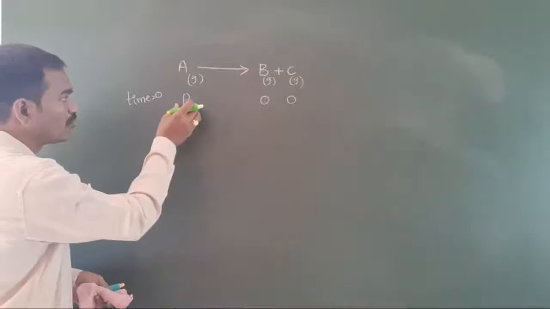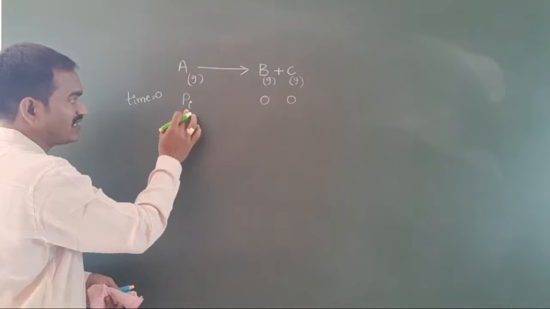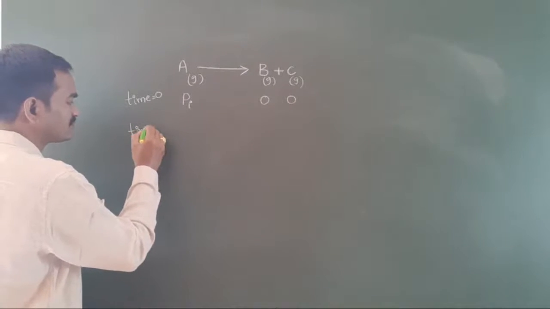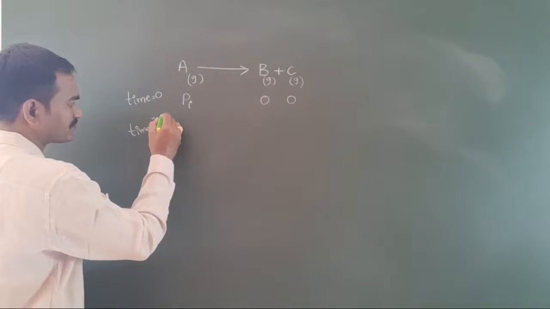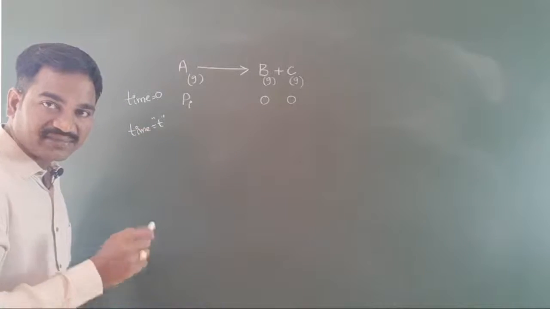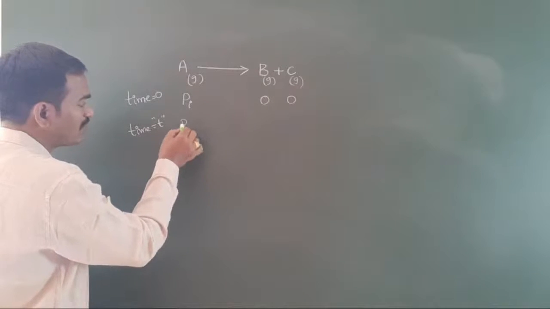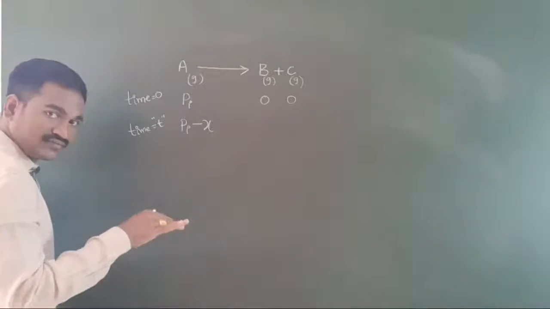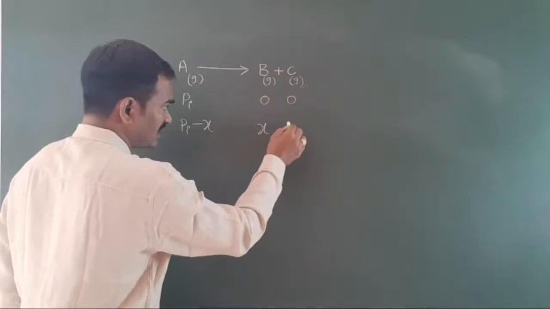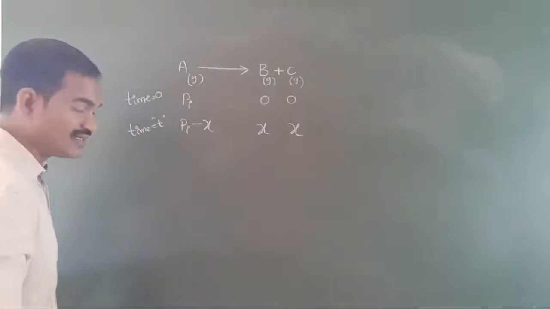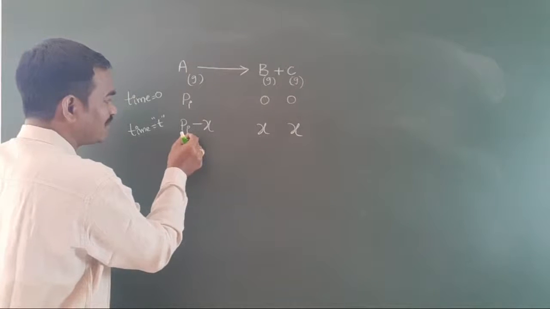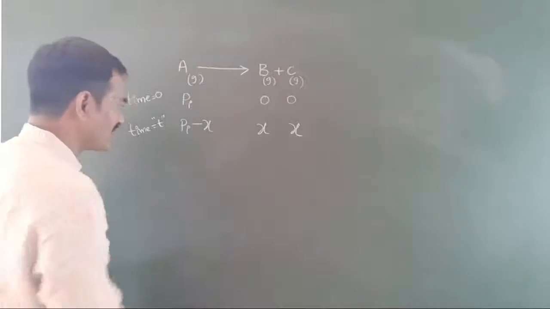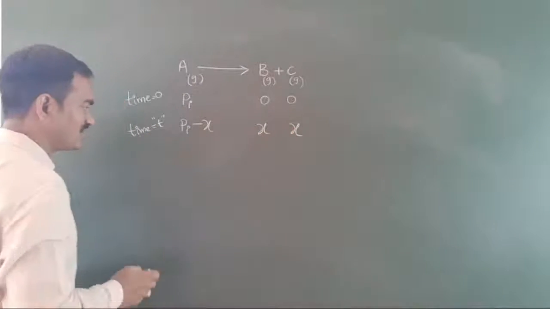So the initial pressures are Pi, 0, 0. After time t, some pressure X of reactant decreased and the products' pressure increased. So you can take Pi minus X for the decreased pressure, and X for the increased pressure. Is it clear?